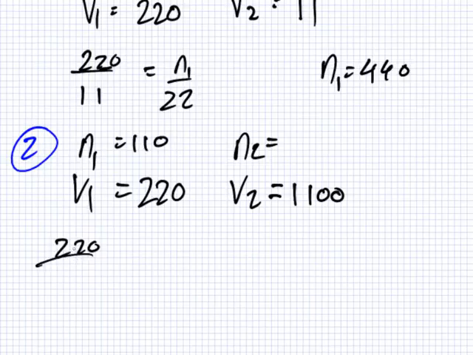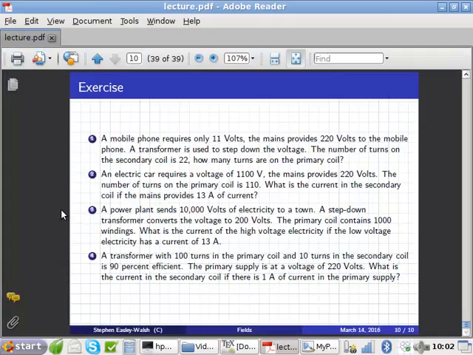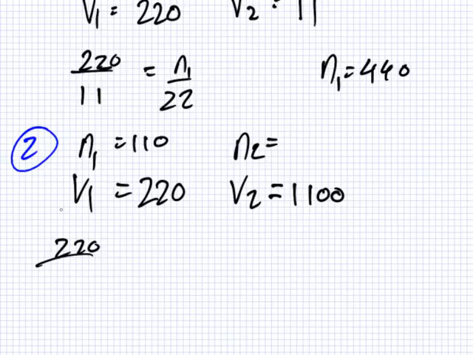We want I1. What is the current in the secondary coil if the main... Firstly, I should get the N anyway. But I think here we don't need that, because we already have the 4. Oh, we need the 3. I1 is 13 and I2 we don't know.